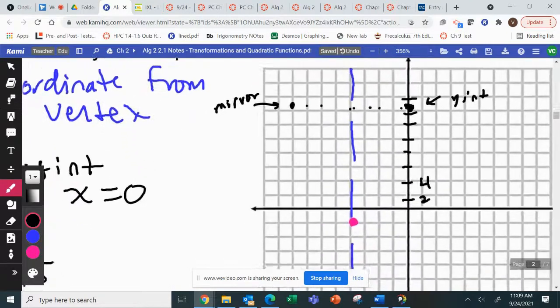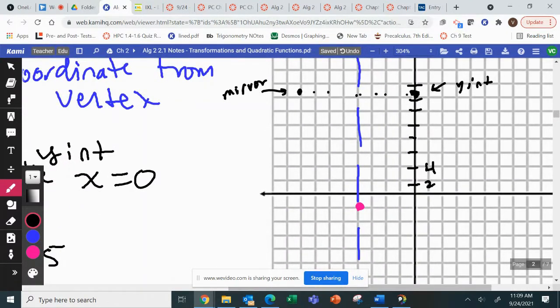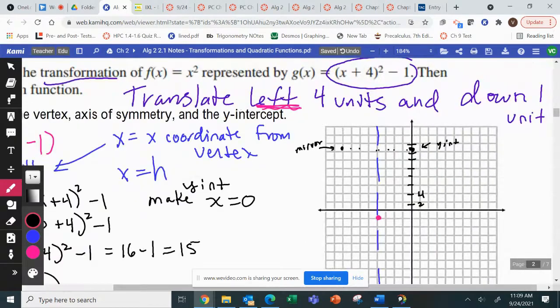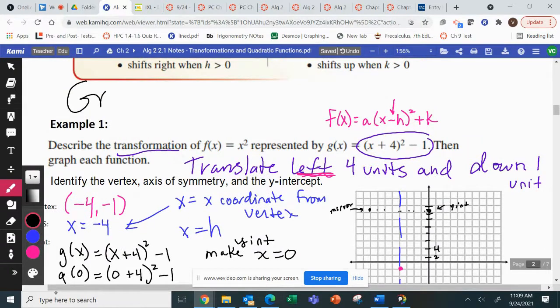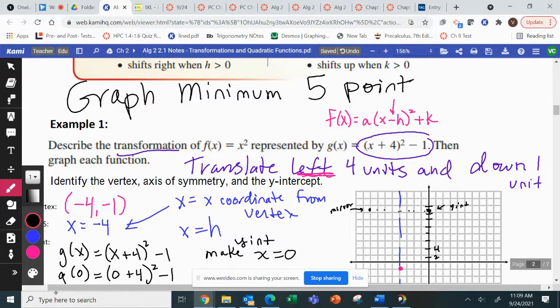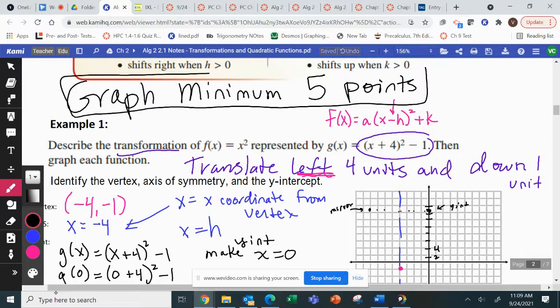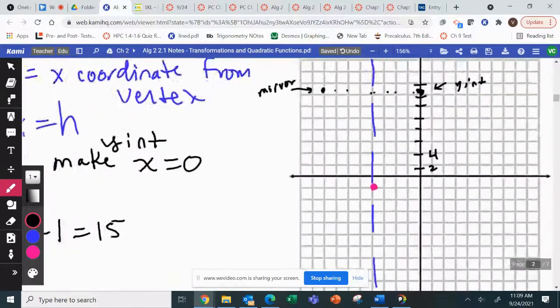I am requiring for you to get full credit on graphs that you graph, I'll write it up here, you have to graph minimum 5 points. Okay? Graph minimum 5 points. How many points do I have so far? So I need 2 more.